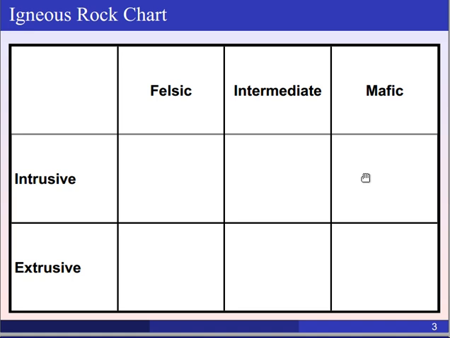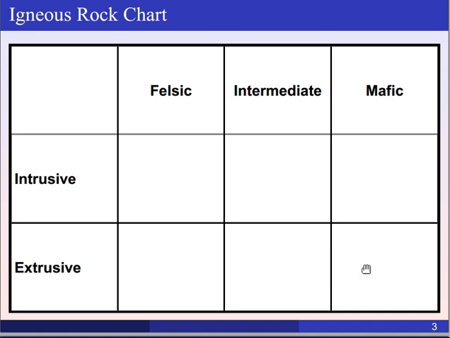That's our gabbro. Extrusive, felsic, that's in a volcano in the interior of a continent such as Yellowstone, forms the rock rhyolite. Intermediate, again, subduction zones. Extrusive, a volcano like at the Andes or Mount St. Helens.